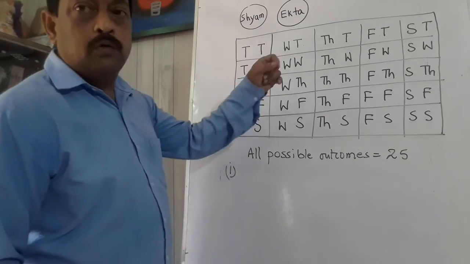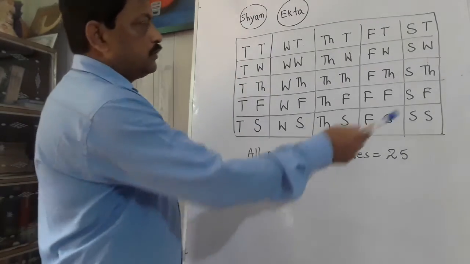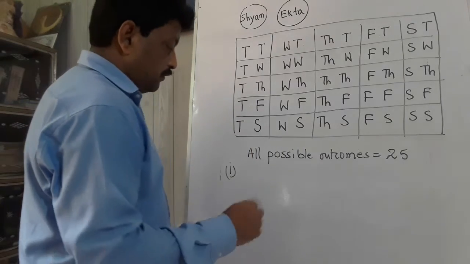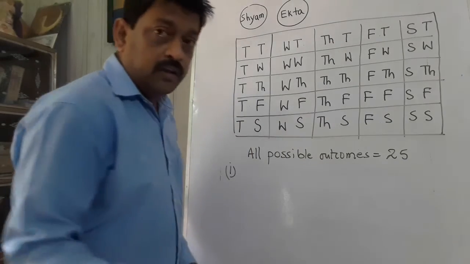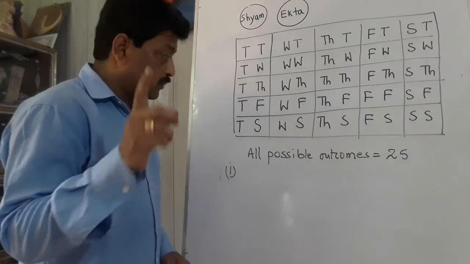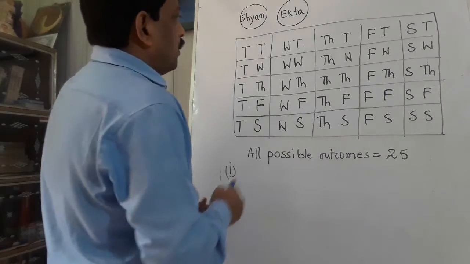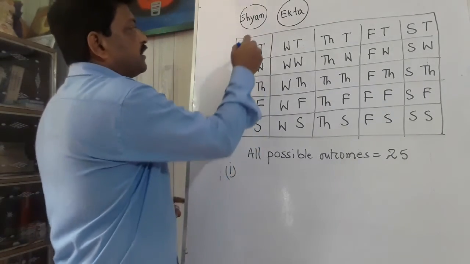Now quickly go through the outcomes. These are all the possible outcomes. The first question is, what is the probability that they will visit the shop on the same day? So how many cases of same days are there?